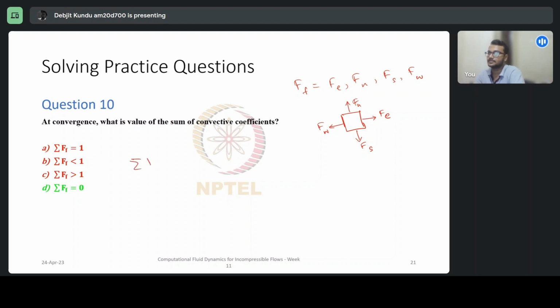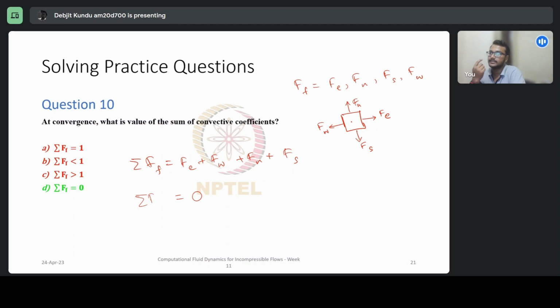So summation of Ff is nothing but essentially Fe plus Fw plus Fn plus Fs, and these are nothing but the fluid flow fluxes across the faces of the control volume, and at convergence the continuity equation must be satisfied, and in order to do that this sum should be equal to 0.